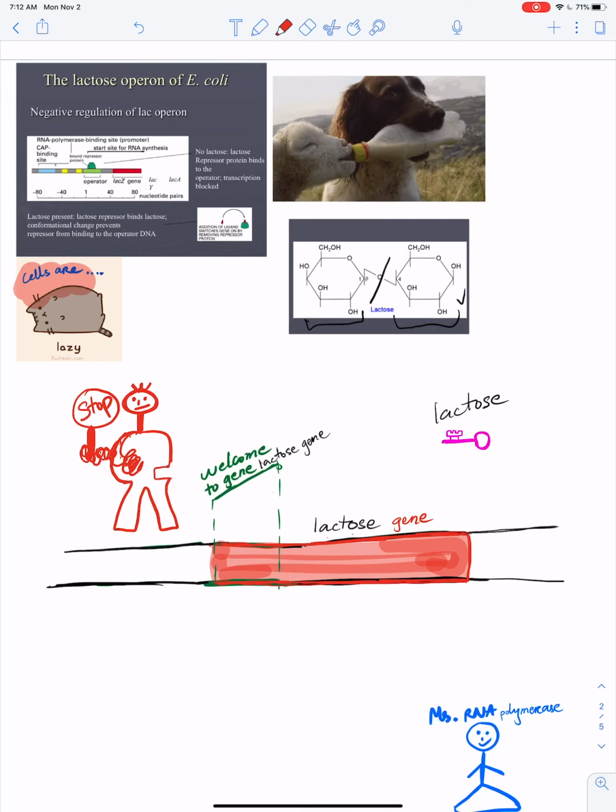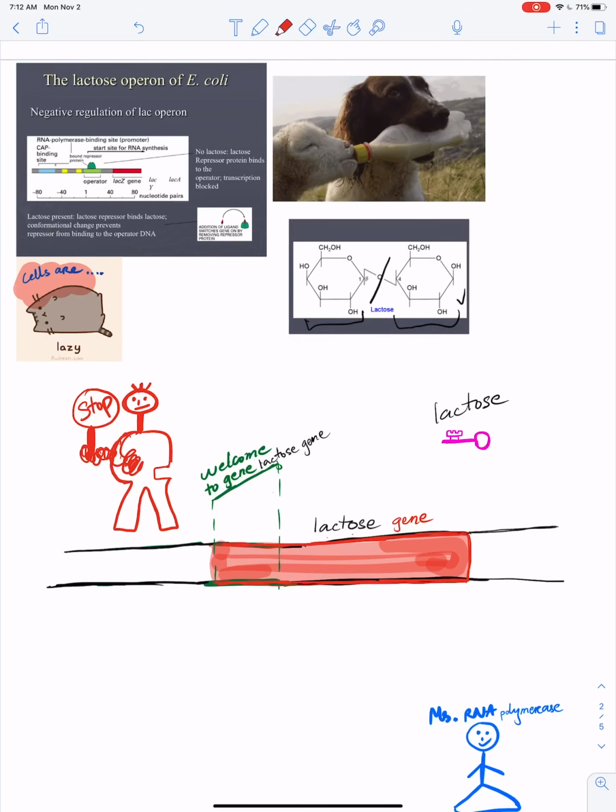Even if there is lactose present, they use the glucose, because they don't have to spend the energy to make a protein to break down the lactose into glucose. Unless you use up all of the simple sugar like glucose, the cell is not going to stand up and then make the protein to break down the lactose.